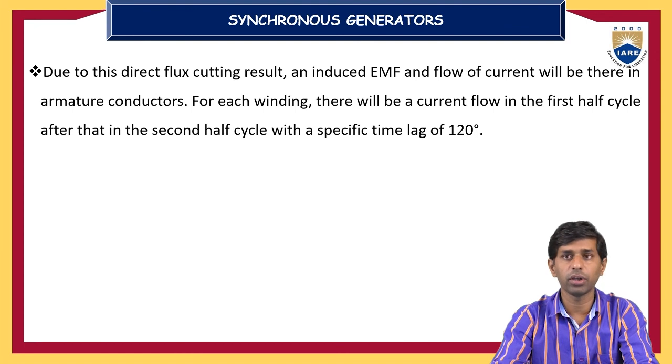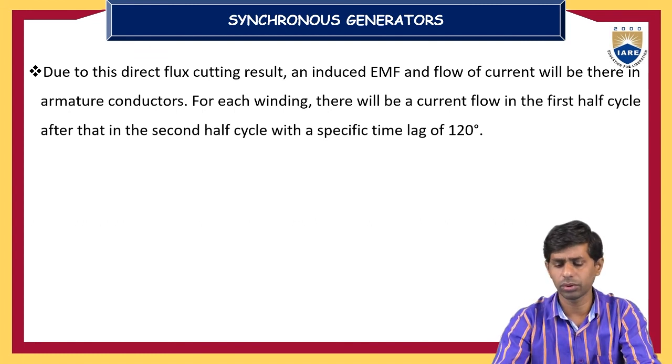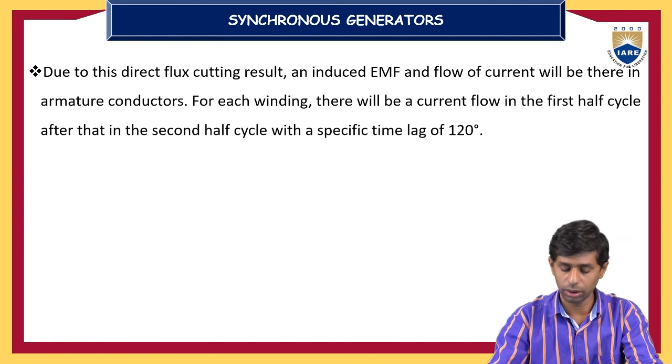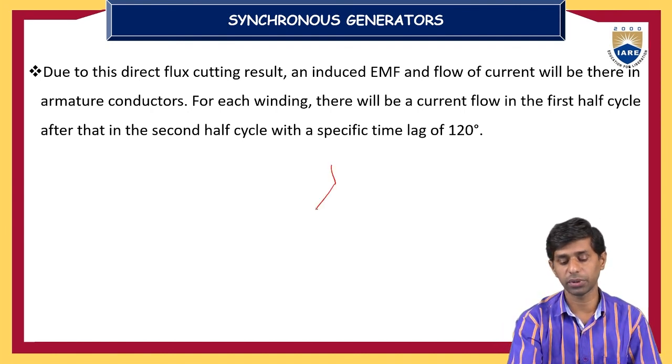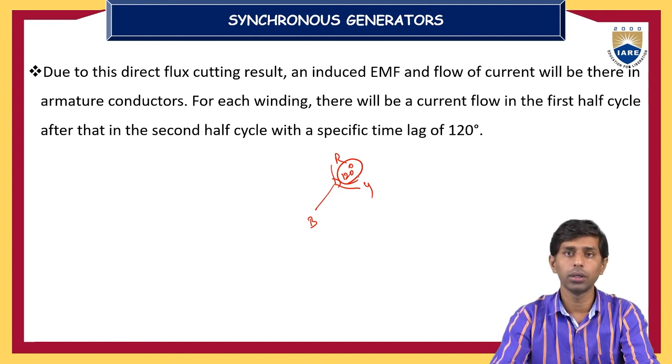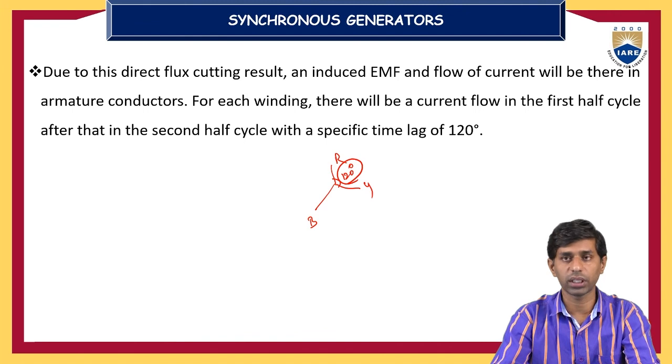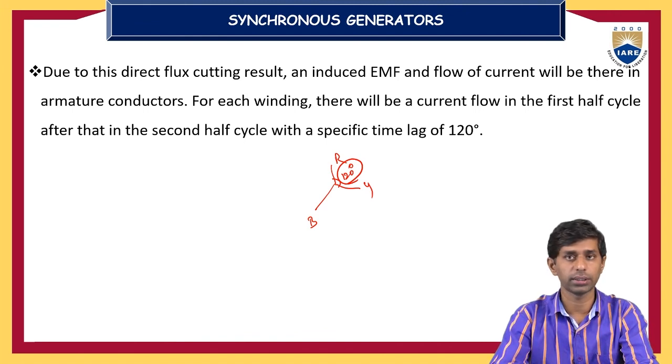For each winding, there will be a current flow in the first half cycle, and after that in the second half cycle, with a specific time lag of 120 degrees. It is a three-phase armature winding, so there are three sets of windings with 120 degree displacement from each other: R phase, Y phase, and B phase. The induced EMF in each phase lags the other phase by 120 degrees.